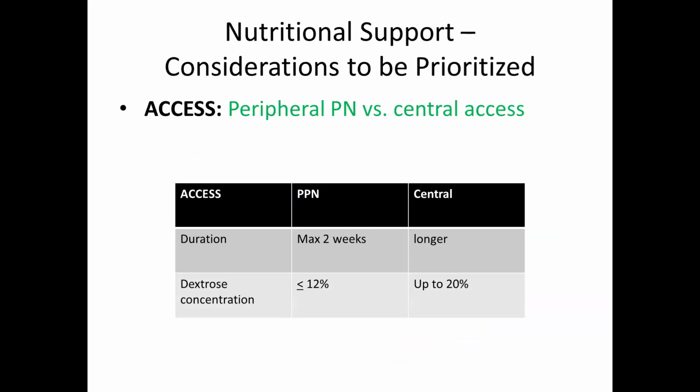Just a few words on peripheral parenteral nutrition and central. In the PPN, you can only use it for a maximum of 2 weeks, whereas in central access, you can use it longer. And the dextrose is limited in PPN, but in central, you can go up to 20%.